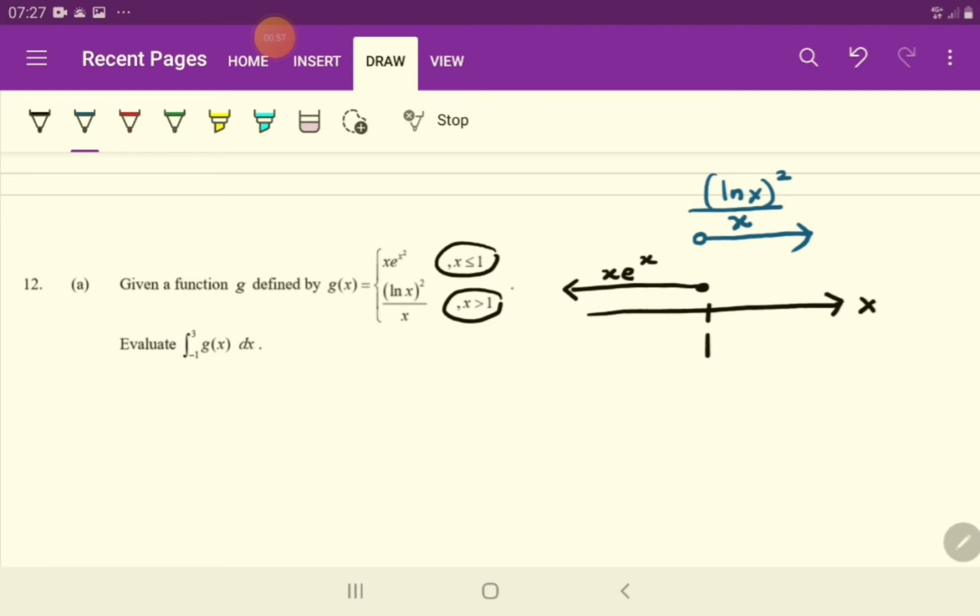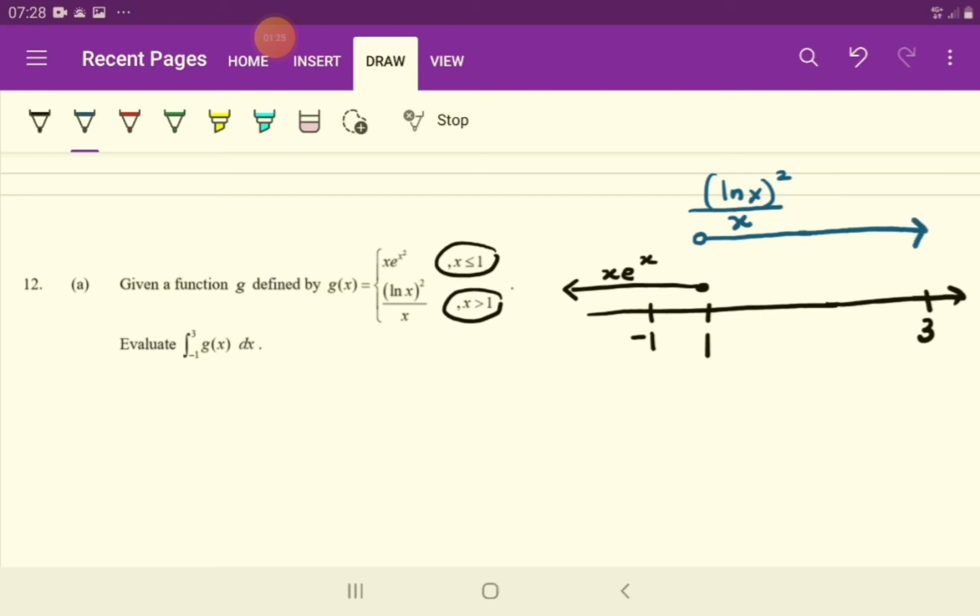We are required to find the integral from -1 to 3. So -1 is somewhere here and 3 is here. Of course, the function ln x squared over x is valid for all x greater than 1.